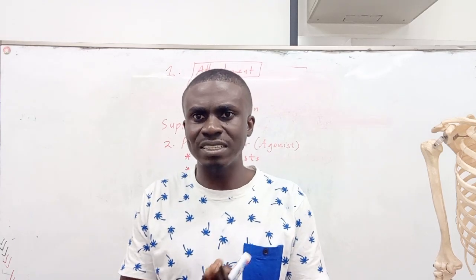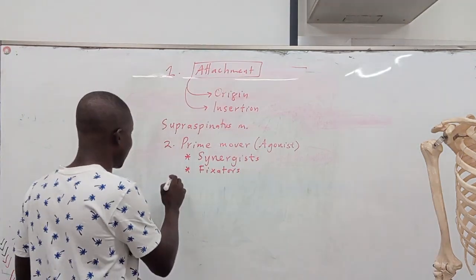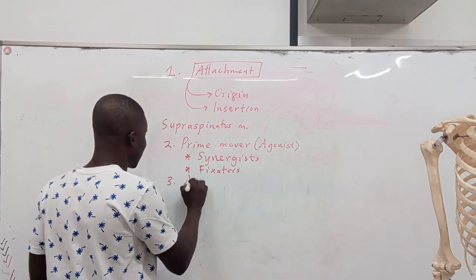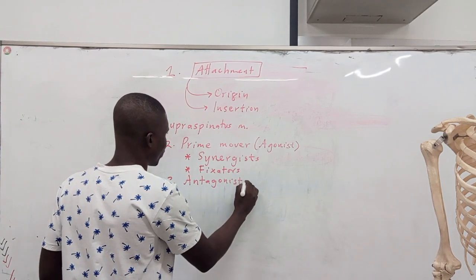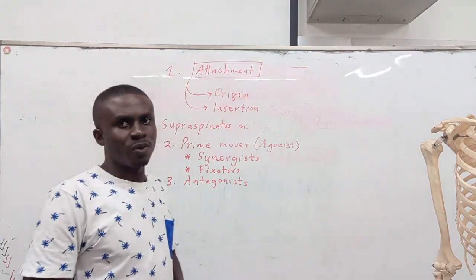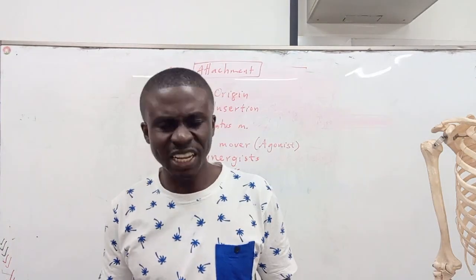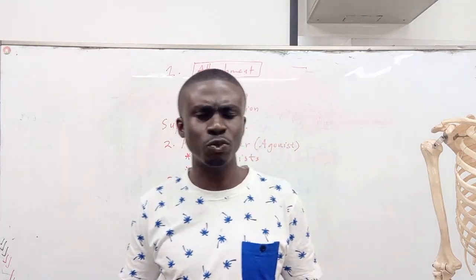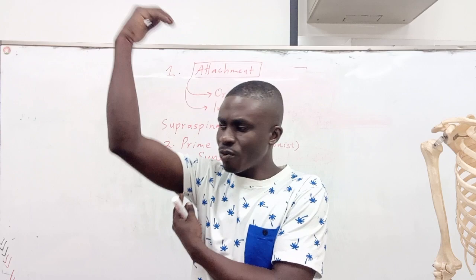Now, having seen that, we also have what we call antagonists. The next thing I want to put across is antagonists. Now, you know protagonists, you know antagonists. There is a desired movement by way of the agonist helping me to do it. Now, if there's a desired movement, what do I see?